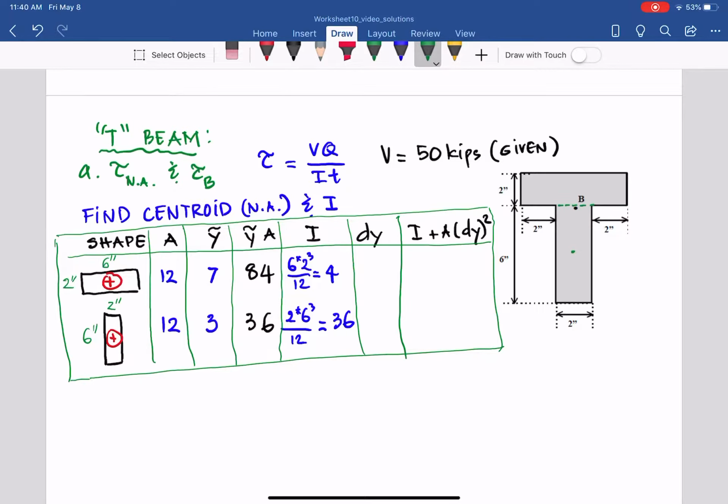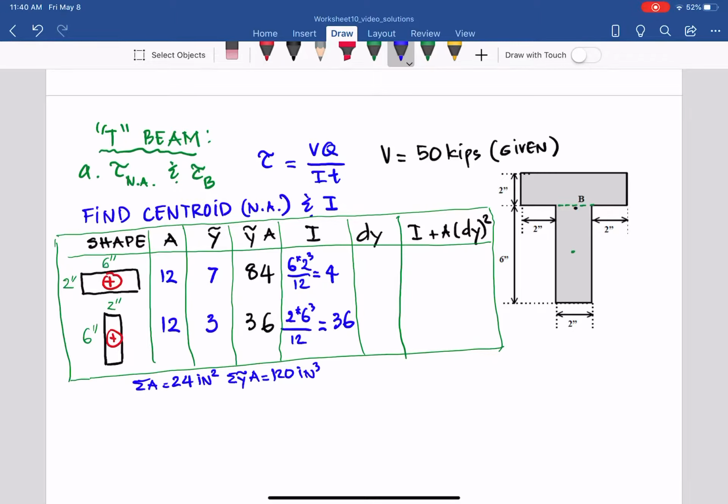To sum up all the areas, 12 plus 12, 24 inch square. Sum up that column there. So sum up all the y bar A here, 84 plus 36, 120 inch cube.